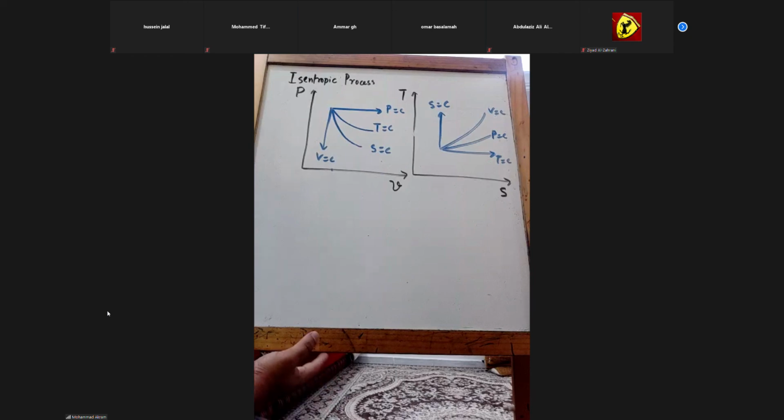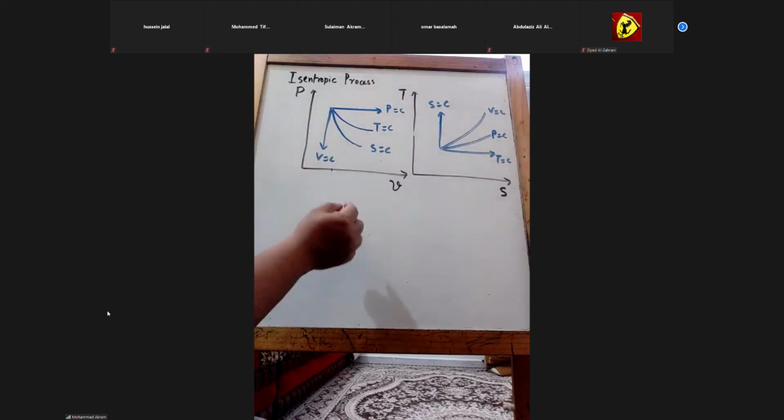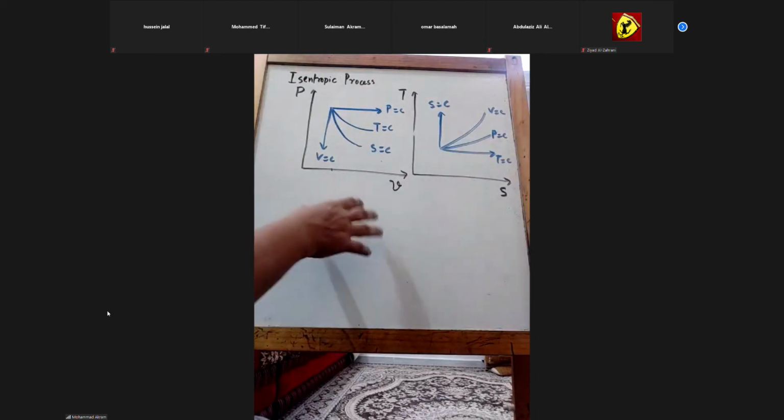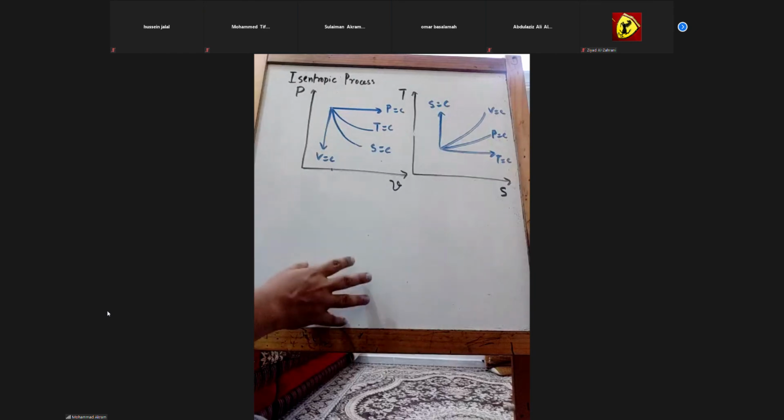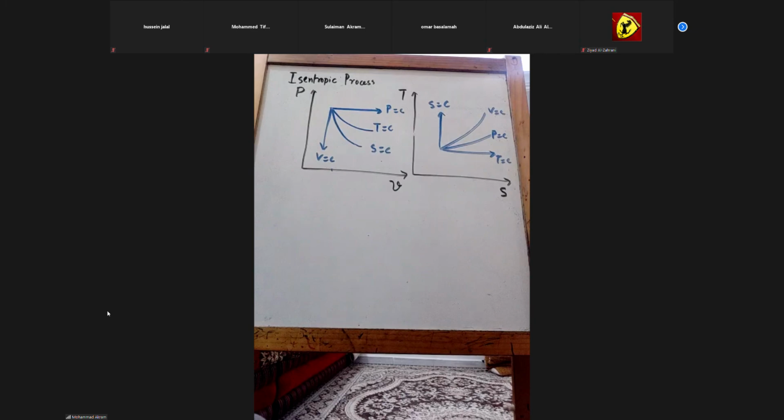Please, just the last two chapters. A little help will help us a lot. What I told you: whenever I'm teaching, you just mark in the book what I'm teaching, and whatever I'm skipping, you can mark that it is not there. Anyway, I will try my best to compile it and send it to you. Okay, thank you so much, Doctor.